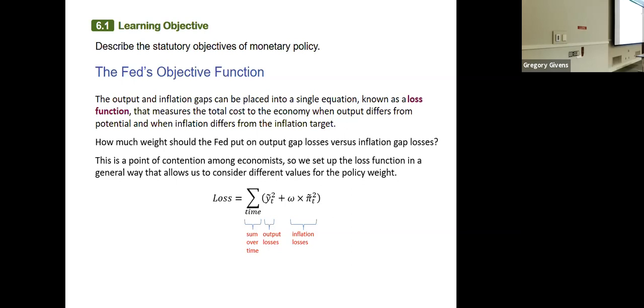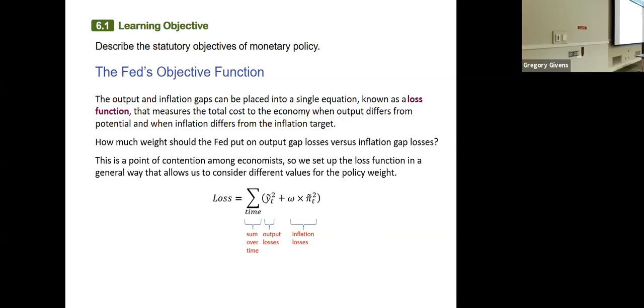So the bigger is omega, if it goes above 1, then the central bank is prioritizing inflation stability over output gap stability. If omega slides to lower than 1, however, let's say it's 1/2, then the exact opposite is the case. Now the central bank cares twice as much about stabilizing the output gap as it does inflation.